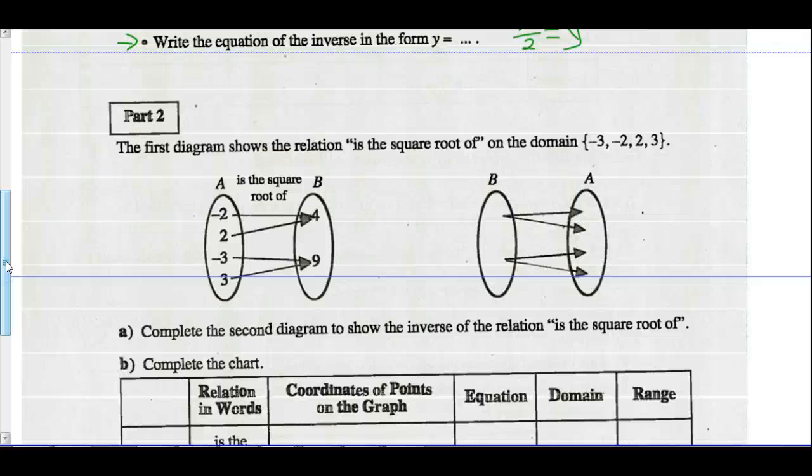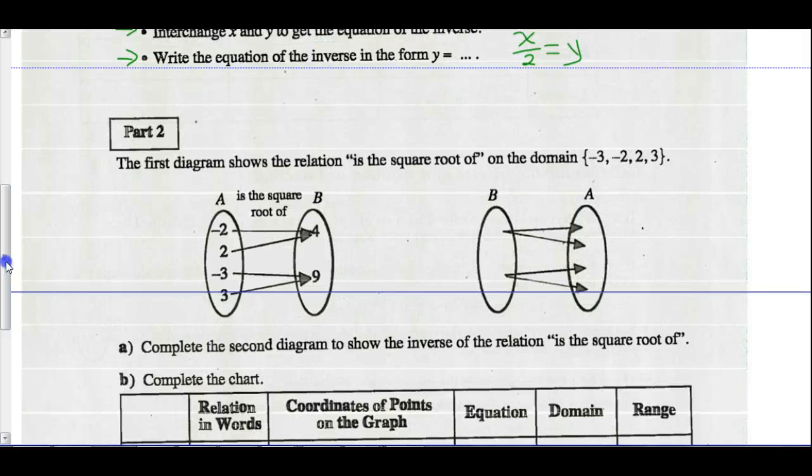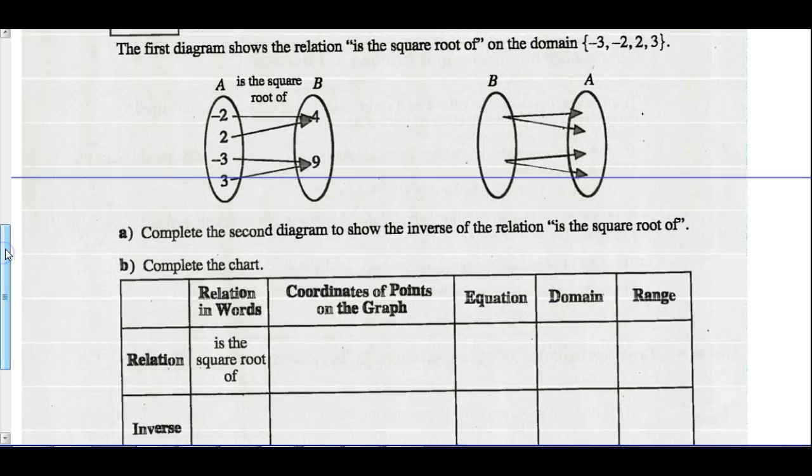The first diagram shows the relation is the square root of, on the domain -3, -2, +2, +3. My goodness. So A is the square root of B. -2 is the square root of 4. +2 is the square root of 4. And so on. Complete the second diagram to show the inverse of the relation is the square of.